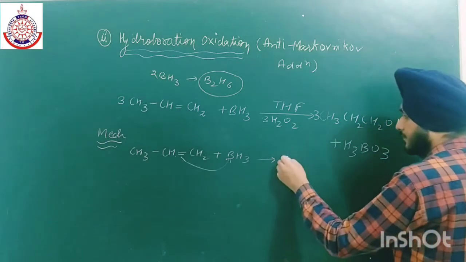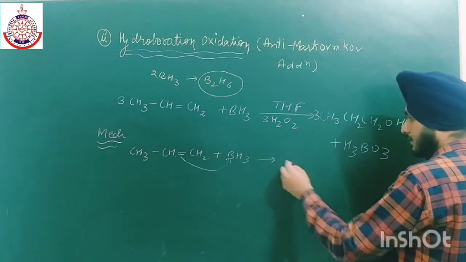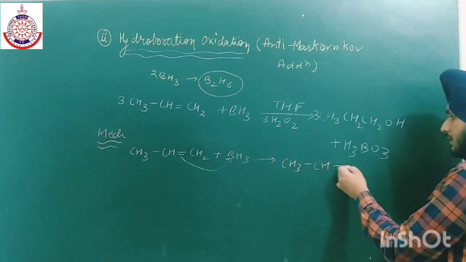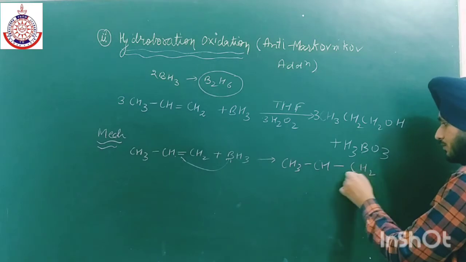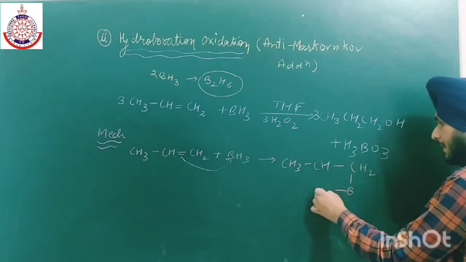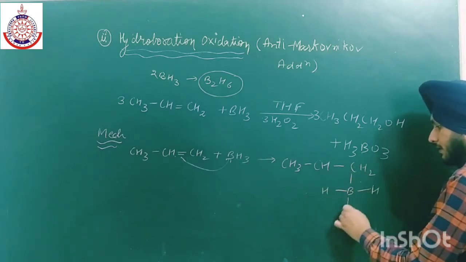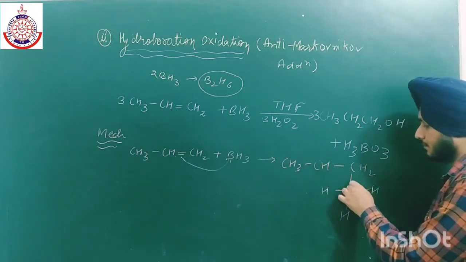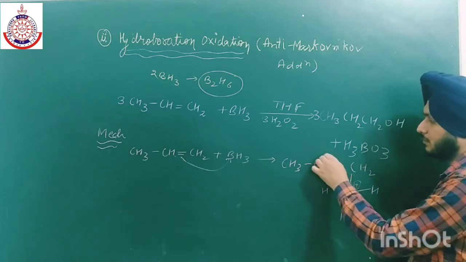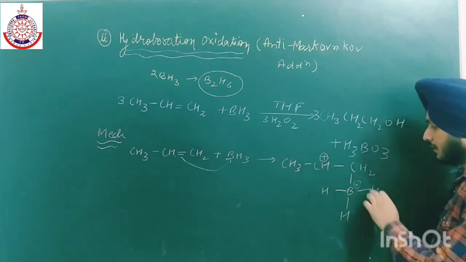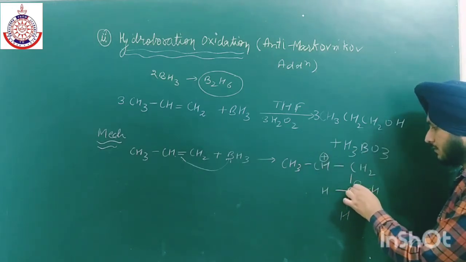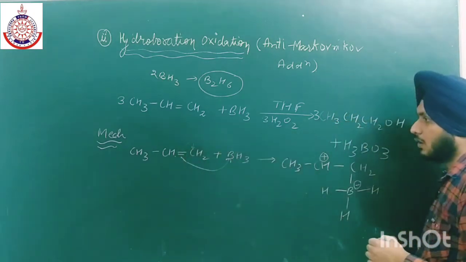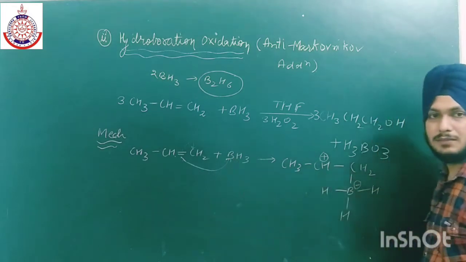And the next step is CH3 CH CH2 BH2, so a positive charge over here and a negative charge over here, because after the bond cleavage we will get a negative charge, and that negative charge will be on boron.